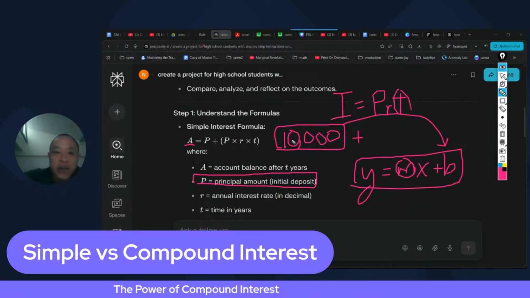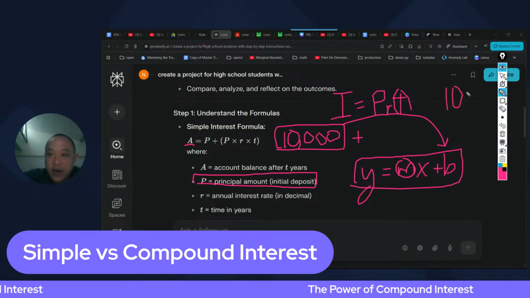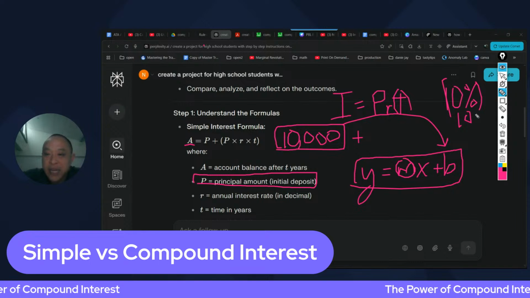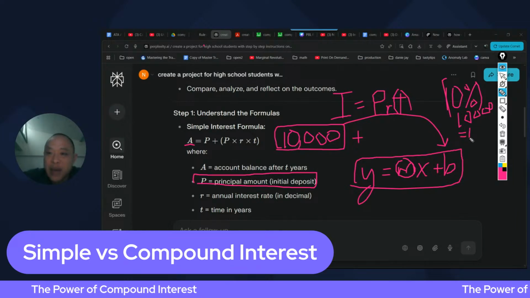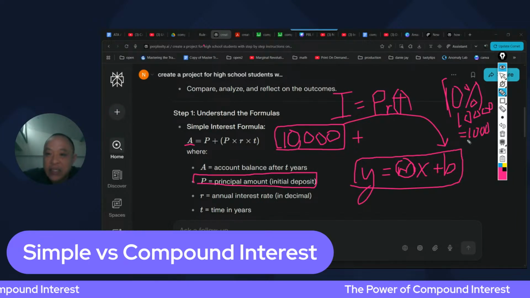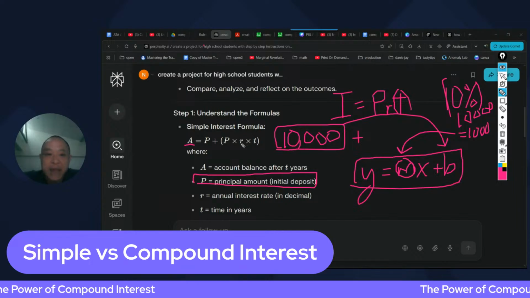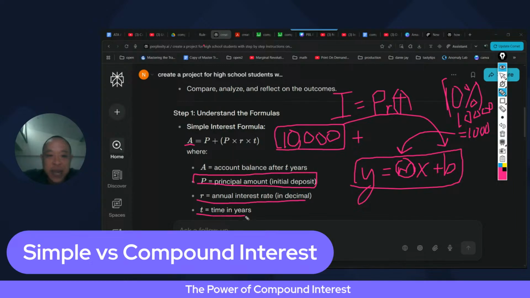So if you have 10,000 and you earn a 10% interest rate, well, 10% of $10,000, because that's your principal, is equal to $1,000. That is basically what your rate is. You're making $1,000 for every year that you have in the account. R stands for your interest rate, T stands for time in years.